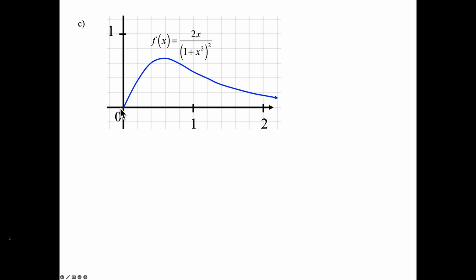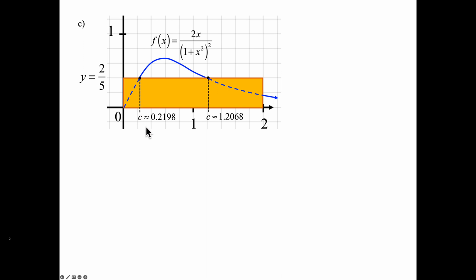I changed my window from 0 to 2, and my y went from 0 to 1, and I counted by 1/5 or 0.2, and that spaced it out a little bit better for me. So 2/5, that's why I counted by a fifth. My y is 2/5. It crosses the graph in 2 locations. This is the first c value of 0.2198. Here's the second c value, 1.2068.